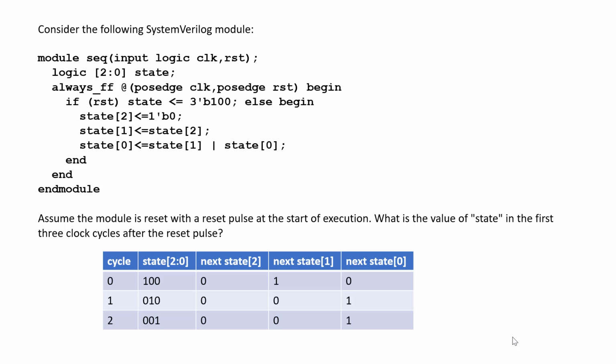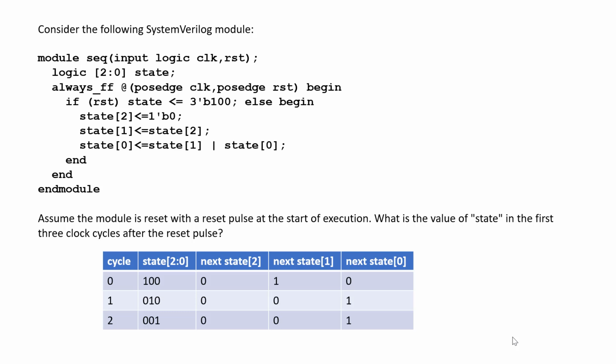I've got the next state split into 3 separate bits. So the next state for bit 2 is going to be a 0. In fact, it's always 0, so that whole column is going to be zeros. The next state bit 1 is going to be the previous state bit 2, so this is going to be a 1, because that was the value of state bit 2 in the current cycle.